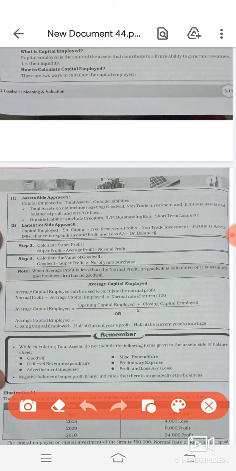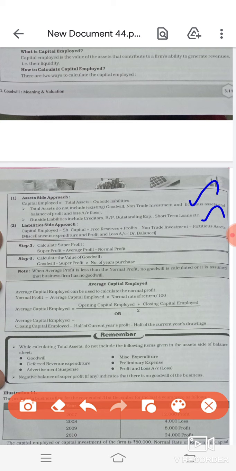And outside liabilities, we already know, are the sundry creditors, bills payable, outstanding expenses, and prepaid income. If there is any prepaid income, we have to add it, and some other short-term loans and advances from the bank, which are short-term. Long-term borrowings are not included in the outside liabilities. So this is the asset side approach.